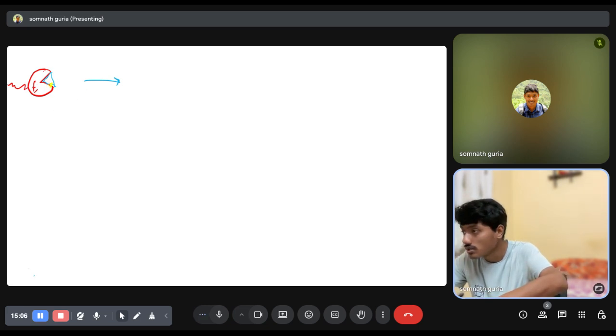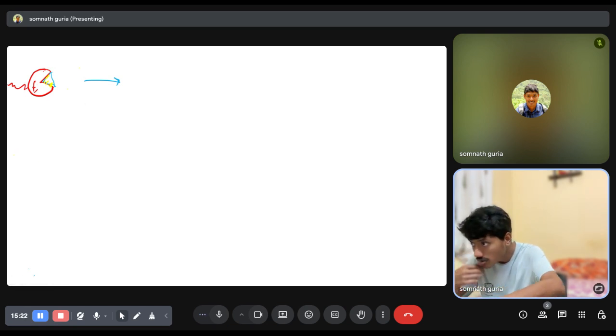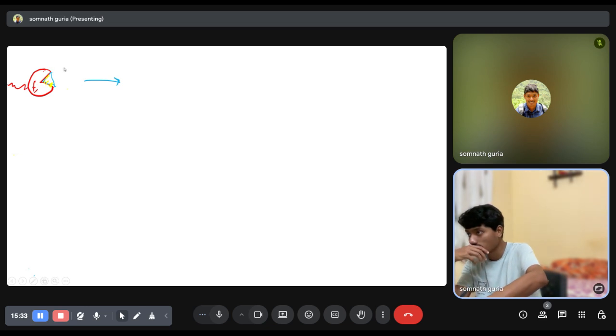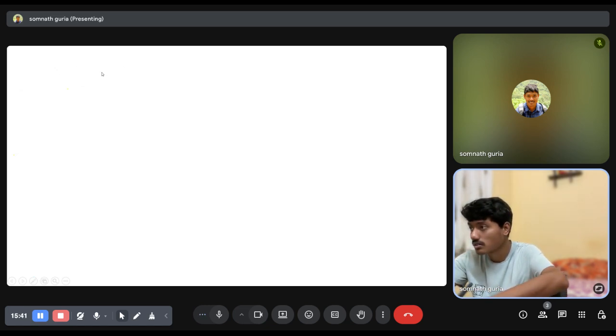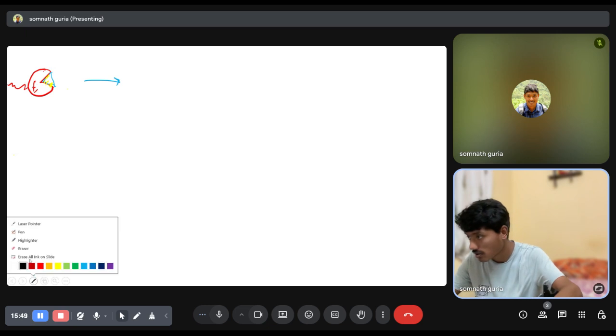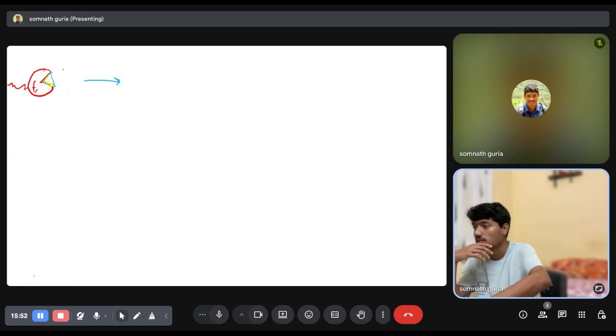This portion has some interaction, something like this, which is called a bonding interaction.